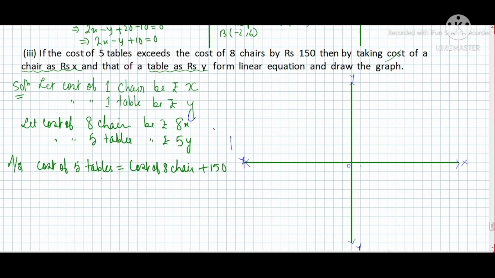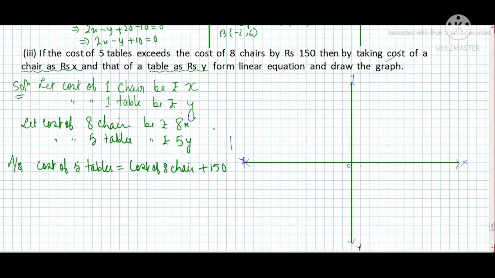Now how is it? Now you see, it is given in the question that the cost of 5 tables is 150 more. So if I make it an equation, if I put an equal sign, then they will not be equal. So how do I make it equal? I have to add 150 to the cost of the chair.